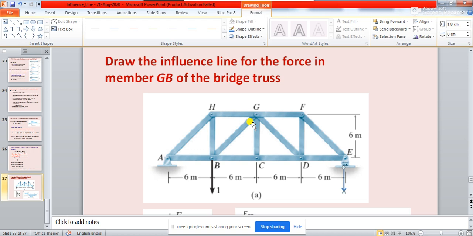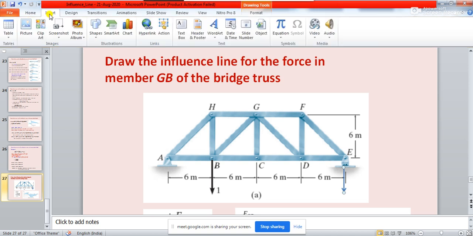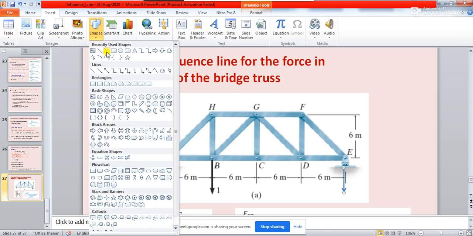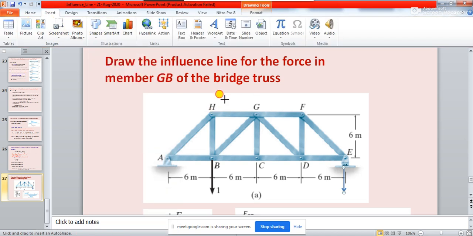You have studied it in your solid mechanics course in the earlier semester. The method of section is nothing but cutting the member for which you need to find the axial force. That means you pass a section through it, something like this.